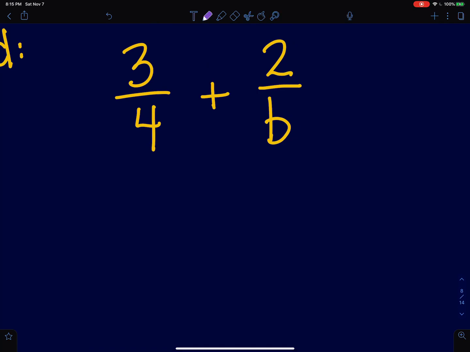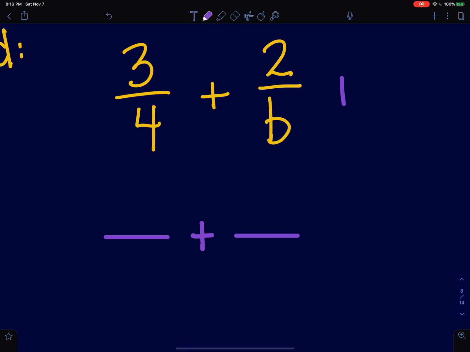Step 1, we are going to make two blank fractions, something plus something. Okay? So we're just going to write it out like this. Now, if I had to pick a common denominator between this, a 4 and a b, we're going to write the least common multiple of the denominator.